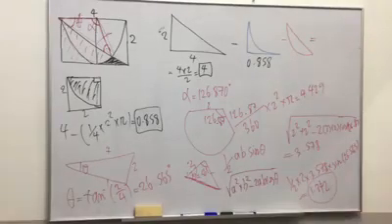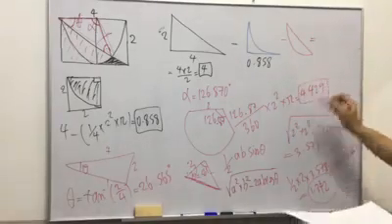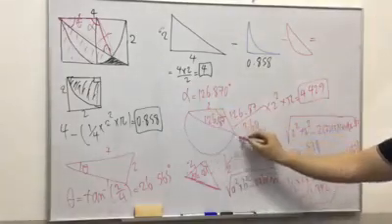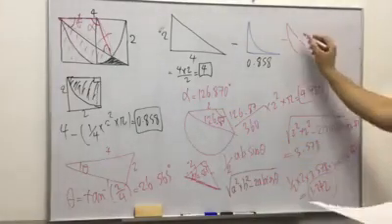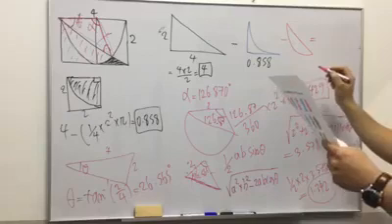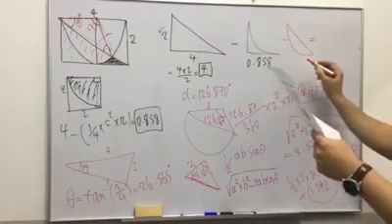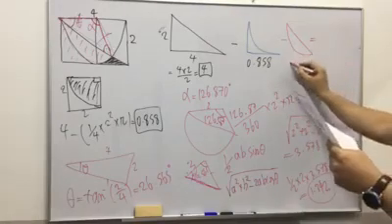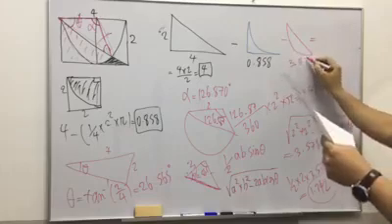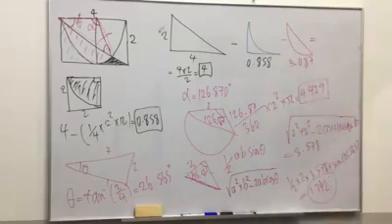Now, we had the sector minus the triangle, this one, I get this, which is 3.087. Done.